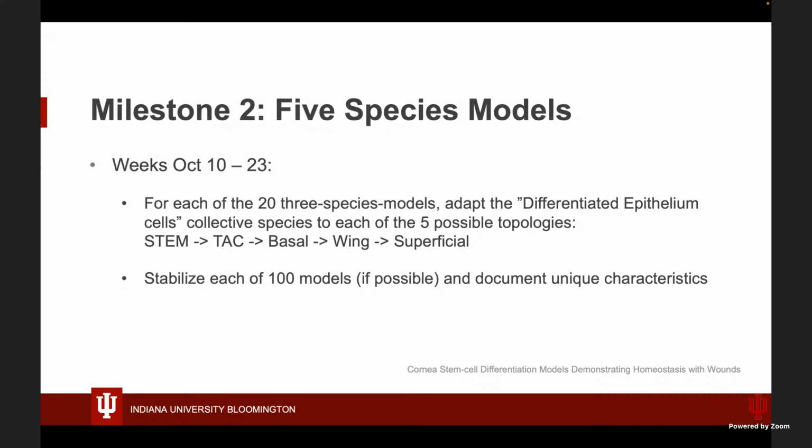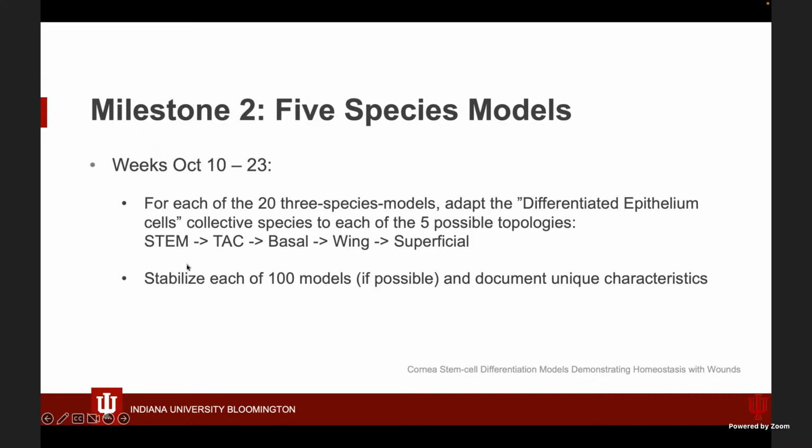How we plan on doing that is to take these 5 identified topologies and incorporate each of them into each of the 20 models. So at the end of this milestone, which we've dedicated at least 2 weeks to, we're hoping to have 100 completely unique, topologically speaking, models. And we're hoping that each of them show stability.